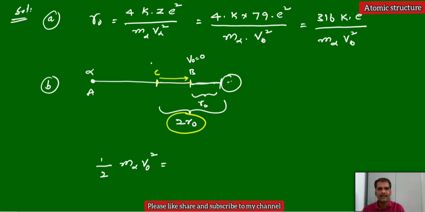Why? Because the alpha particle has velocity V. Initially the velocity of the alpha particle is V naught, but finally it has some velocity V, right?